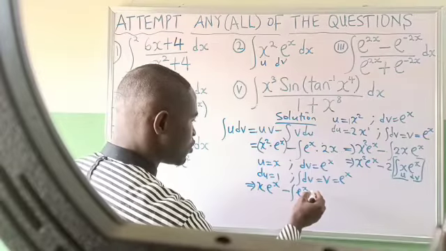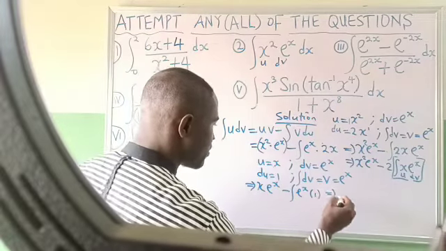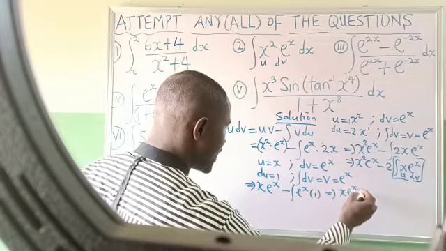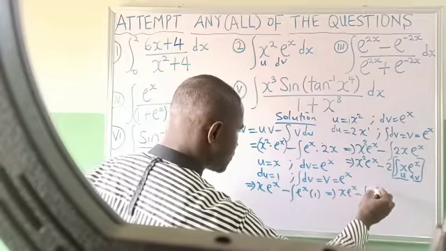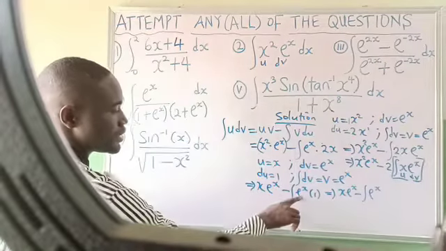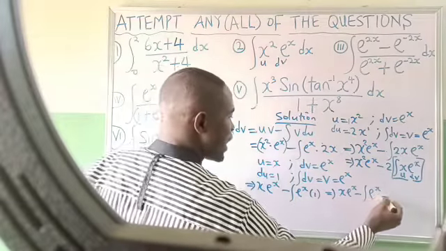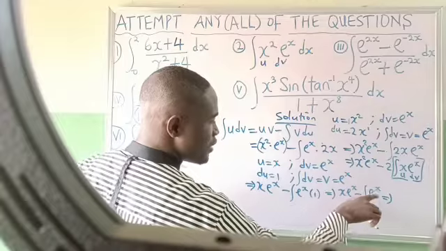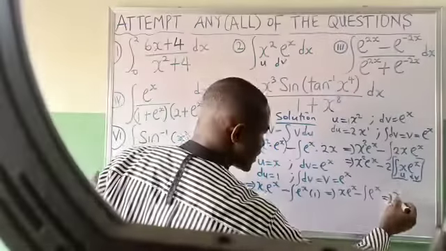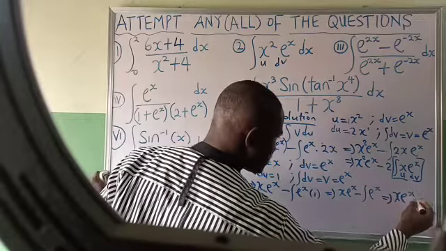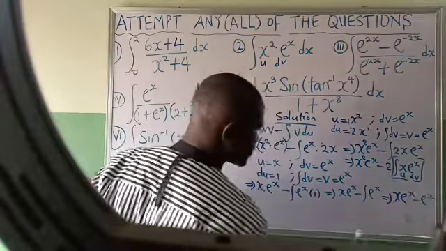And what is my du? 1. That will be giving me x exponential x minus integration of exponential x, because this times this will give you exponential x. Now, what is the integration of exponential x? It is still exponential x. We now say x exponential x minus exponential x.